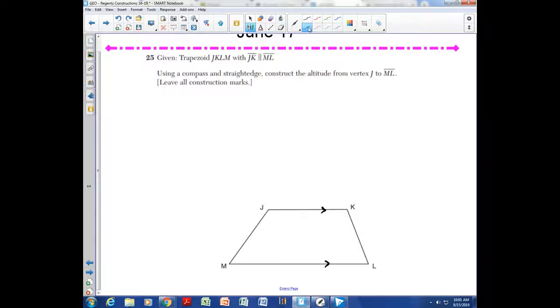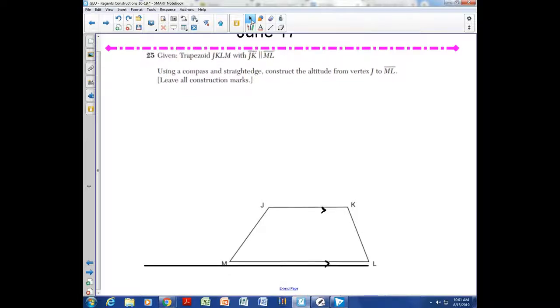So basically, they are asking us to drop down a perpendicular height and altitude from J to LM. Now, sometimes when you have to do this construction, it's helpful to just put your straight edge down on the base that you're drawing the altitude to and just extend it. You can always extend lines to help you out in constructions, and you'll see why that's important.